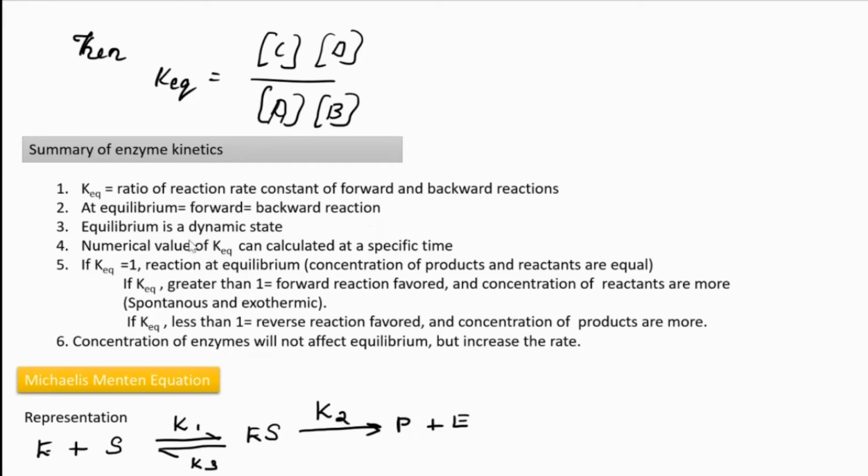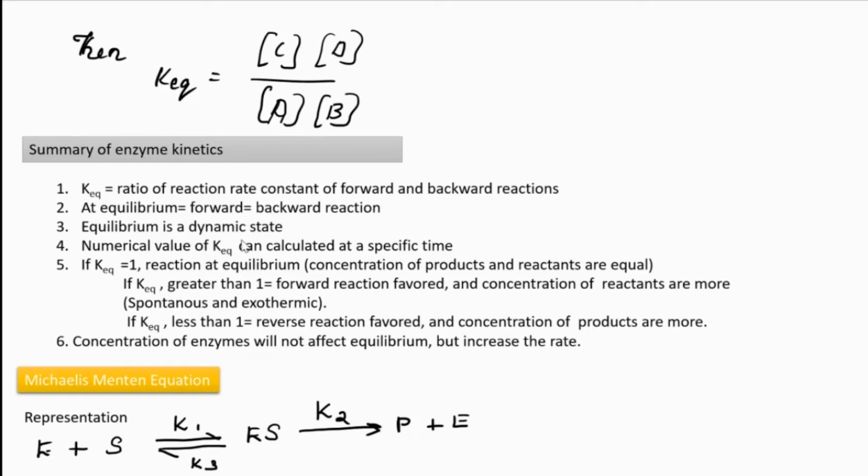And at equilibrium, the forward reaction is equal to the backward reaction. Even if they are equal, the equilibrium is dynamic. Dynamic means that at the equilibrium state also there are changes, with reaction happening by the conversion of substrate to products.